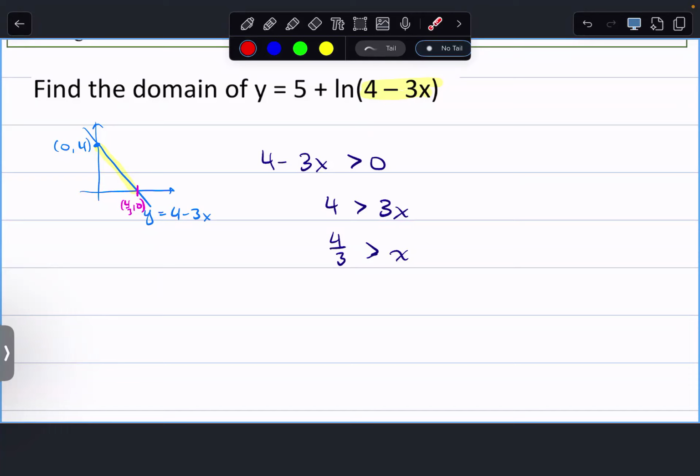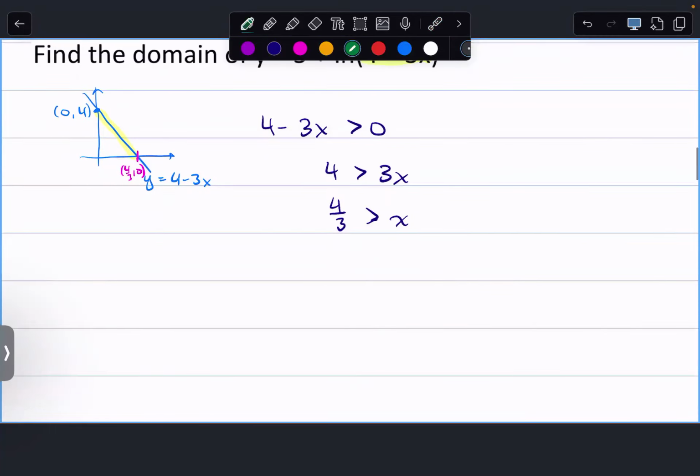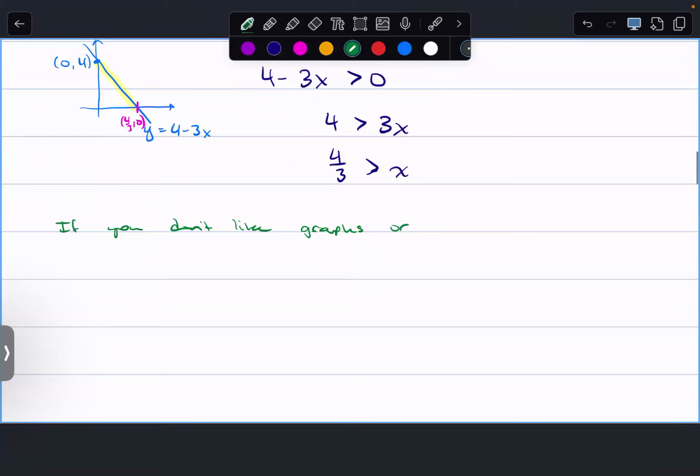Another thing that you could do, if you don't like graphs or inequalities, is find out where 4 minus 3x is equal to 0. That's fine.